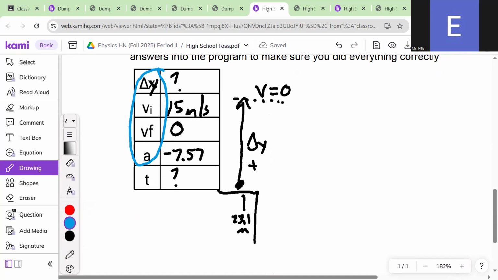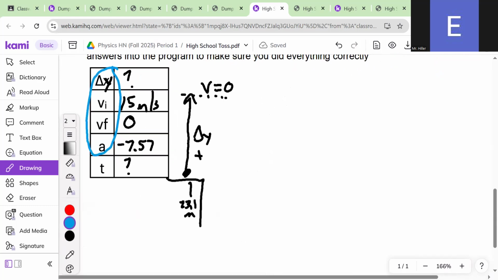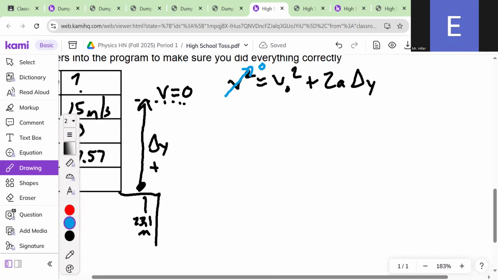The equation you want that has delta y, v, v naught, and a in it would be v squared equals v naught squared plus 2a times delta y. V cancels because v is 0, so v squared is 0. So I get 0 equals v naught squared plus 2 times a times delta y.